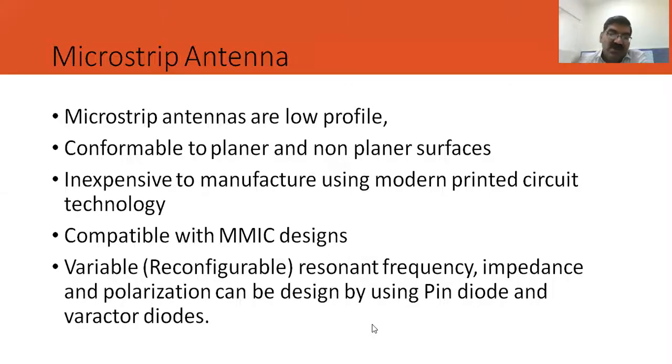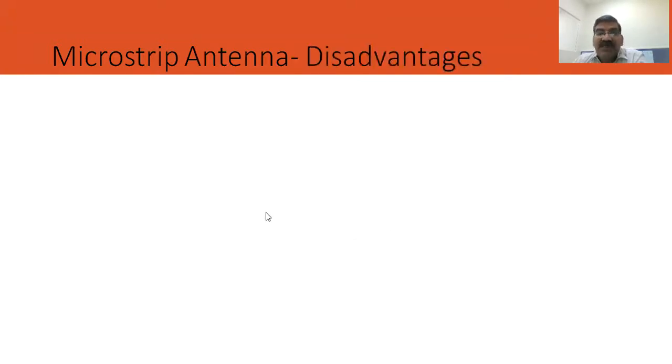Sometimes we require different polarization techniques, that is circular polarization or linear polarization. So accordingly, these diodes you can use, or it can be integrated with MMICs. So this is the major advantage. These you can consider the advantages of the microstrip antenna. But there are certain disadvantages also. So what are these?